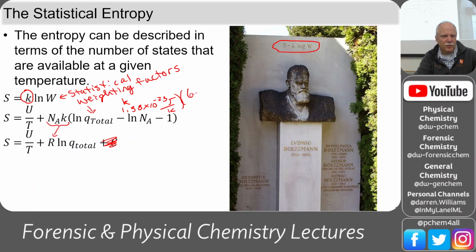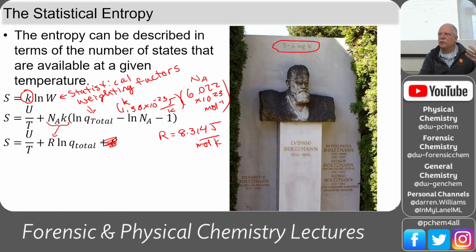And Avogadro's number is 6.022 times 10 to the 23rd per mole. If you multiply those by each other, you get 8.314 joules per mole Kelvin. So you've been using Boltzmann's constant this whole time. You've just been using the molar version of it.